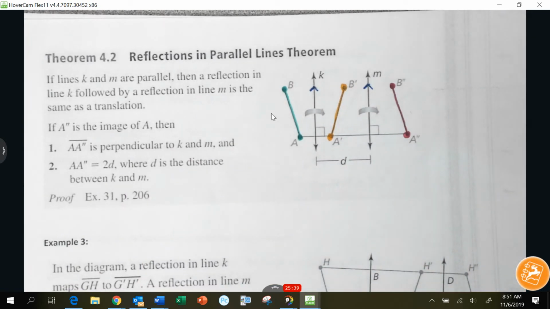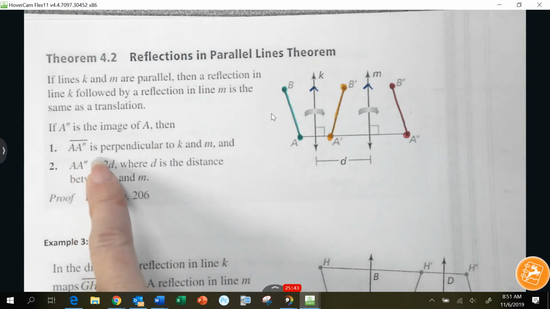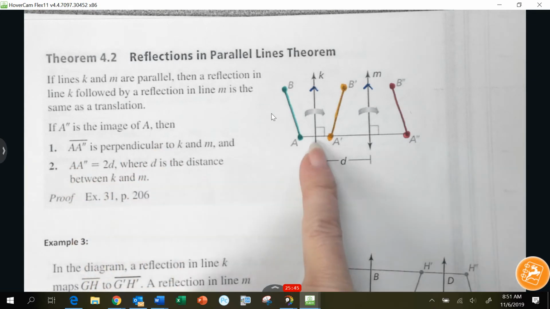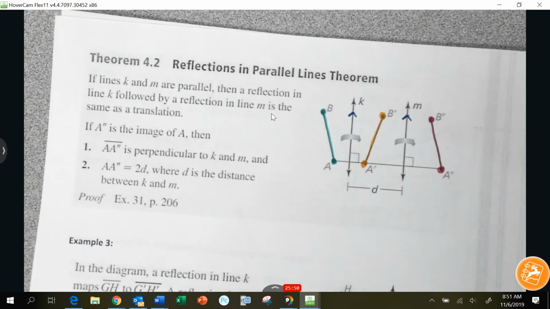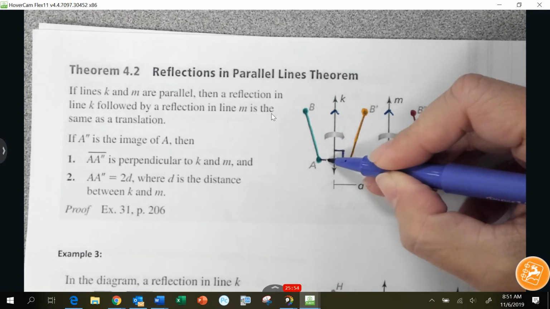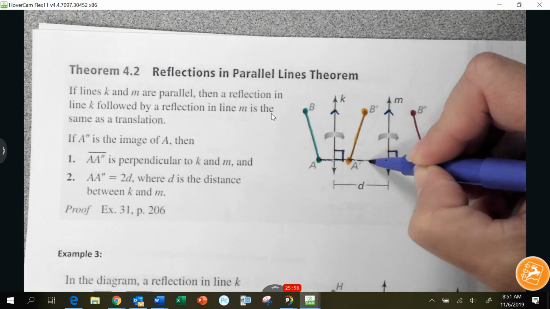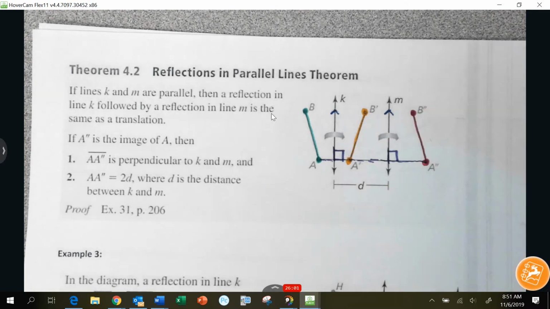If A double prime is the image of A, then AA double prime is perpendicular to K and M. So you see how they've marked them perpendicular. If I were to draw the translation line from A all the way to A double prime, that would be perpendicular to the parallel lines.